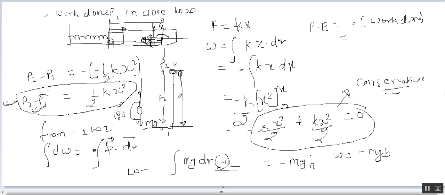Now from 2 to 1, again here this is mg, and displacement is taking place in this direction. So what is the work done?